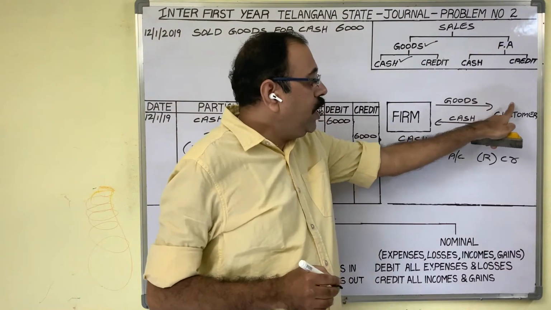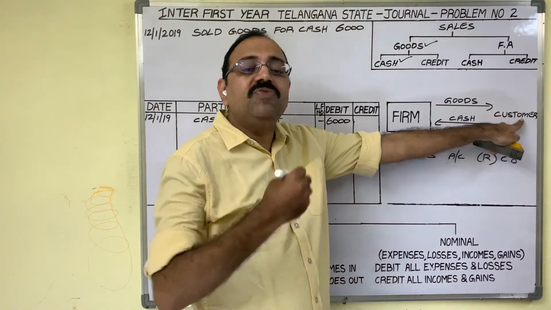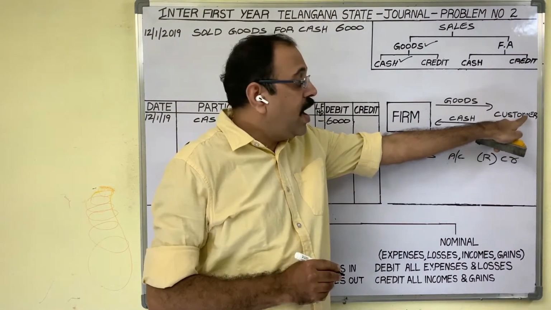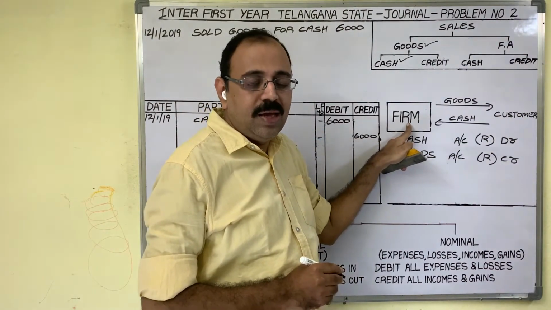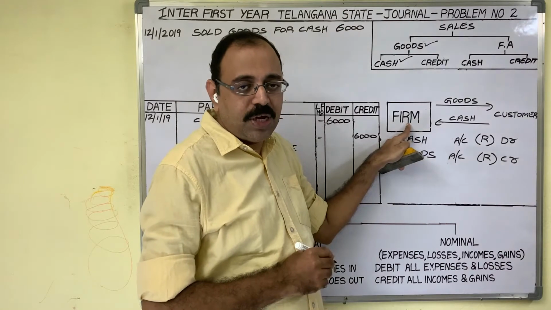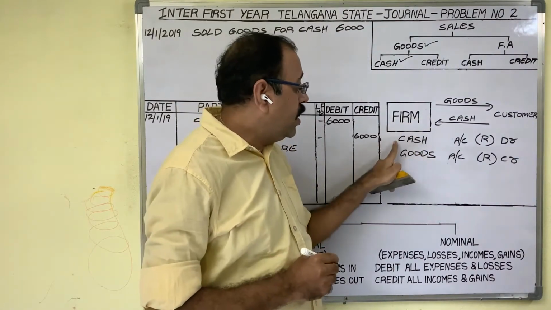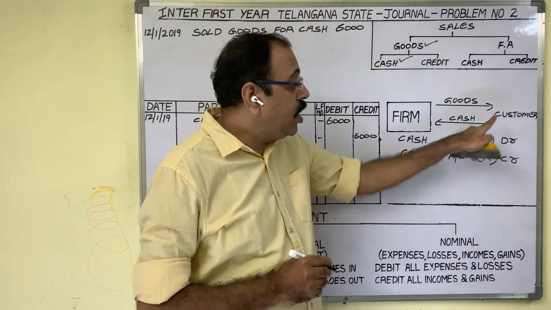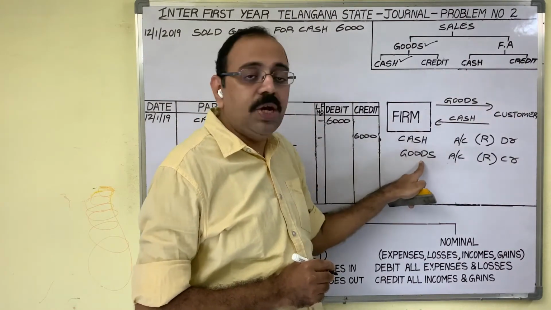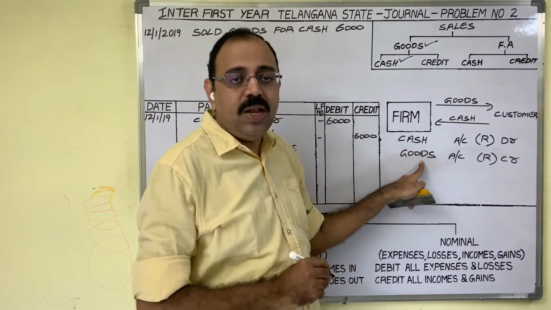Goods are going to the customer because we sold goods to him, and the customer has paid cash to us immediately. Cash is coming from the customer. Two accounts are cash account and goods account. We need not consider the customer's name here because it is a cash sale.